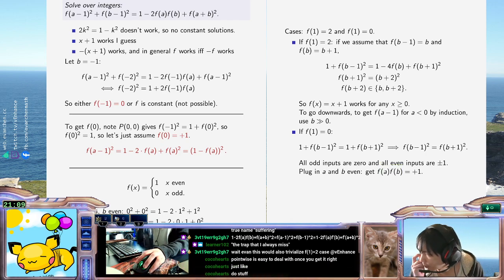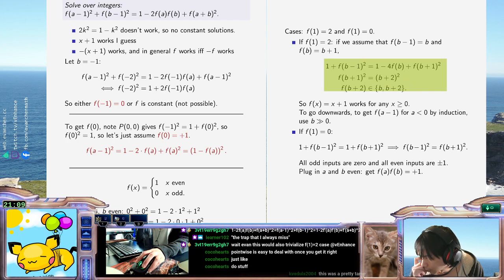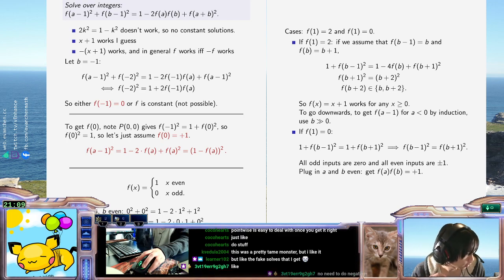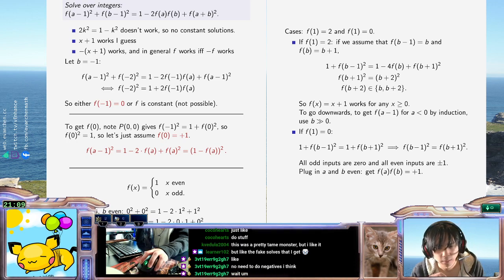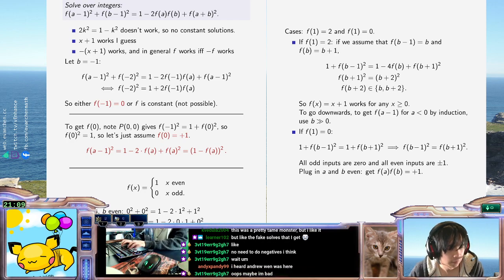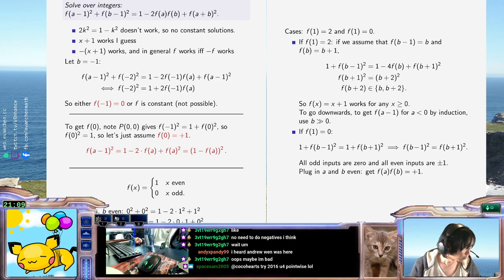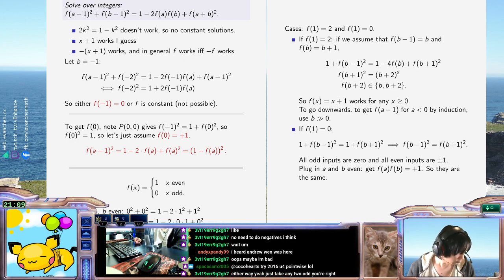This will trivialize the f(1) equals 2 case. Otherwise, they are the same. Yep. Yeah, just pick two odd numbers.